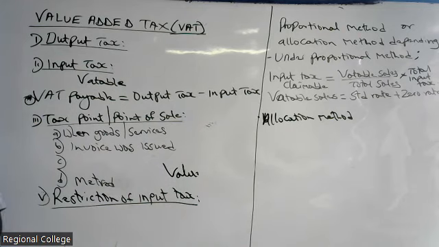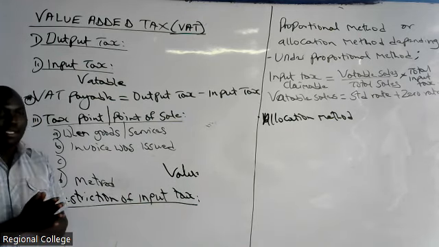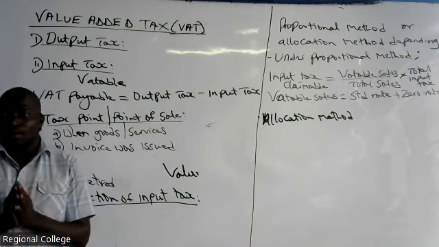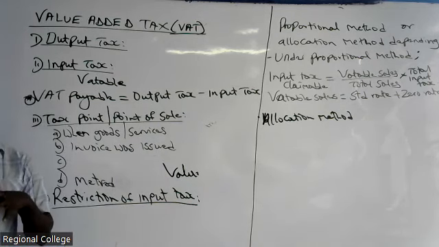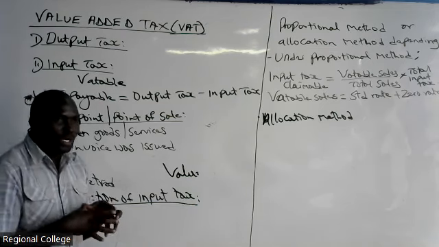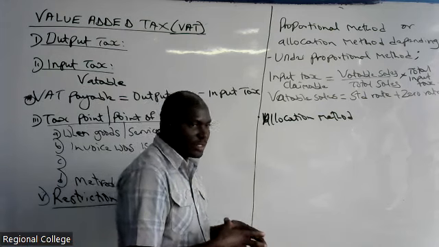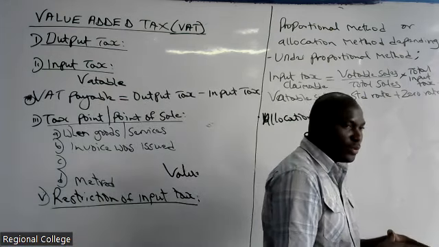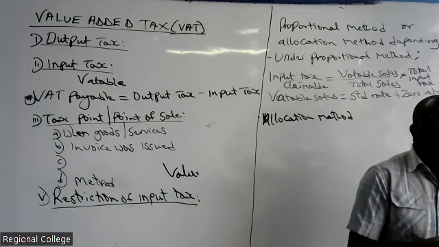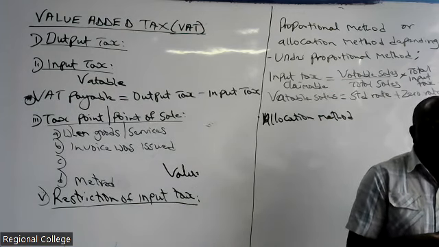So because what you are receiving is less, let us also find a way of reducing what you are supposed to claim. That's why you talk about restrict. To restrict is to reduce. Ukinunua ulichajiwa VAT because they were not exempt. Ukiuza umeamua kuzi-exempt. So to the government, we are losing if we don't do something.